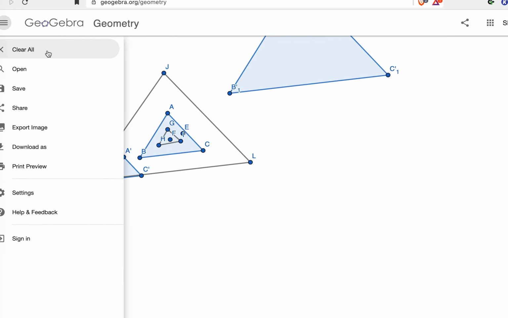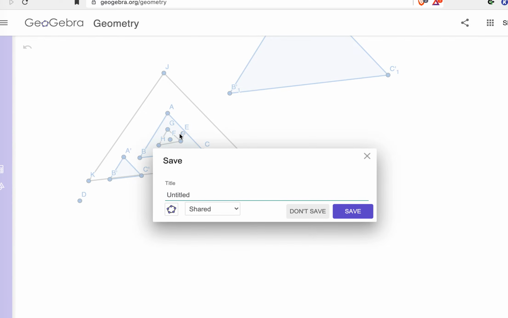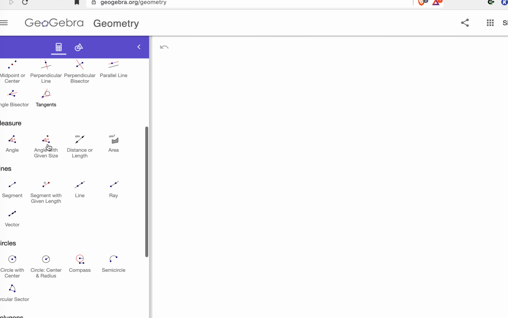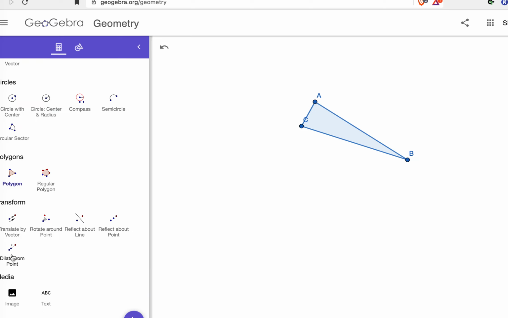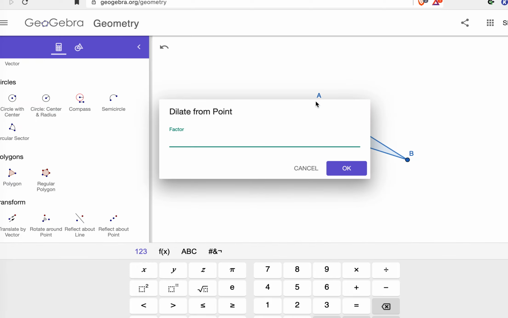When the point of dilation is on the shape, what we'll do is we'll see that it grows away or closer to that same point. So let me draw another triangle, and I'm going to dilate it on point A. So I'm going to dilate it from a point on the actual shape.